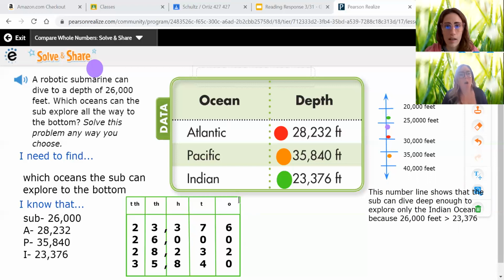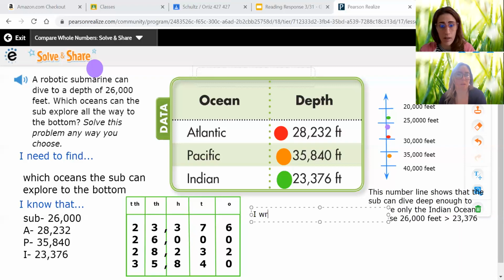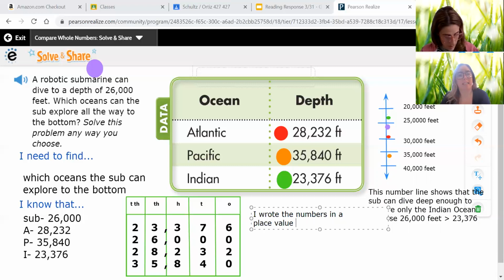Wonderful. I also noticed that you put your numbers in from least to greatest order. Yeah, I kind of just wrote the numbers in the place value chart from least to greatest so that I can see where the sub would be able to go. Great. And we know that the sub is 26,000, and the Atlantic and Pacific Oceans are greater than the submarine, and the Indian Ocean is less than the submarine.